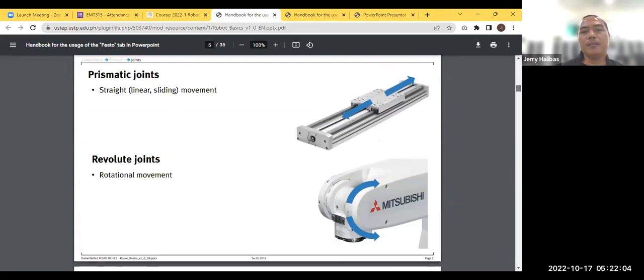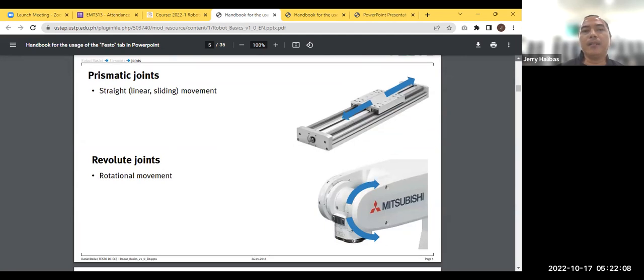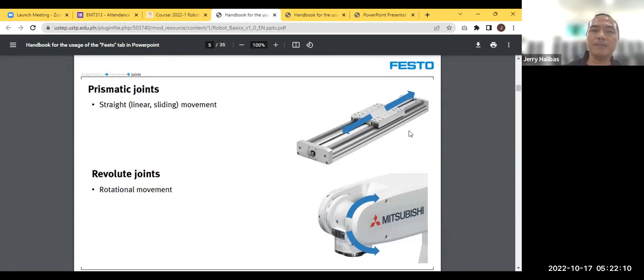Then for the linear and rotational movements of these joints, we have the linear joint, also known as prismatic joints. So the movement is straight, linear, or sliding.